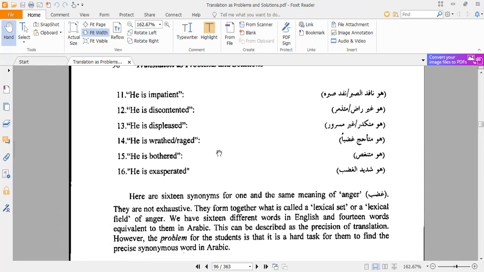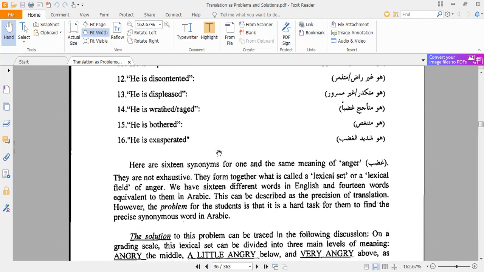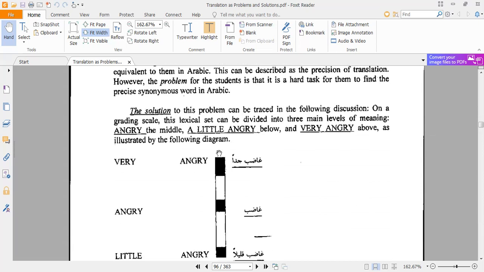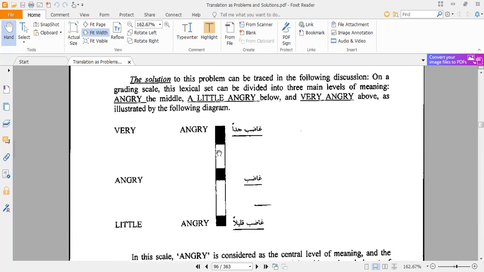So, how can we solve this problem? Actually, we can draw a line, and this line is divided into three areas.